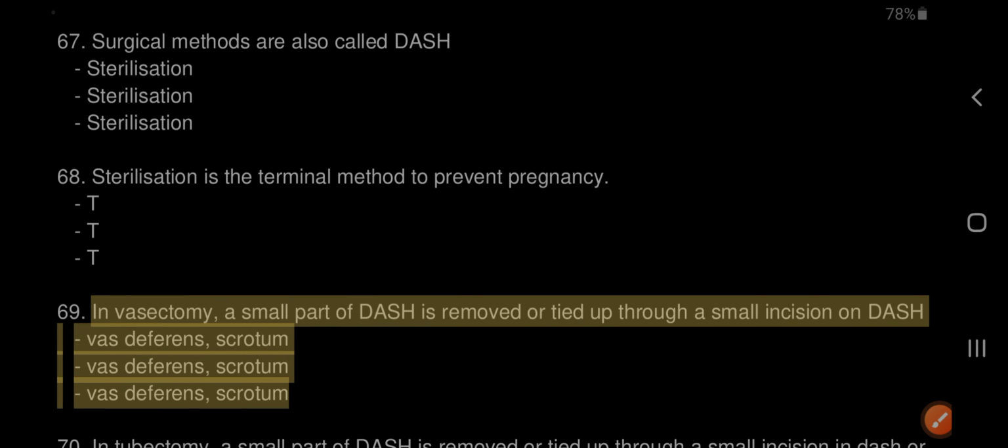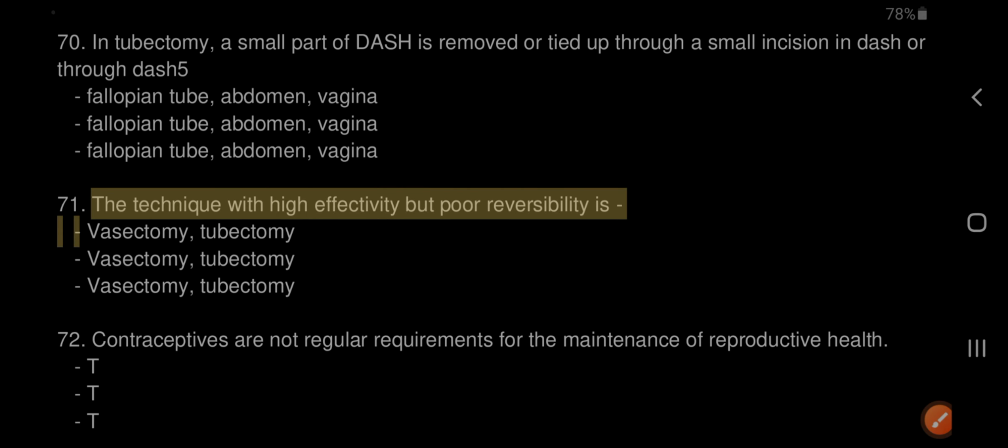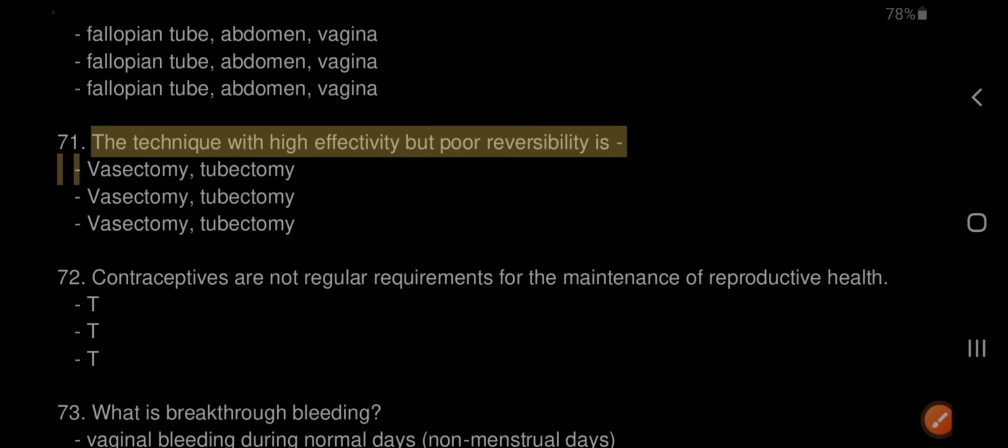In tubectomy, a small part of the fallopian tube is removed or tied up through a small incision in the abdomen or through the vagina. 71. The technique with high effectivity but poor reversibility is vasectomy and tubectomy.